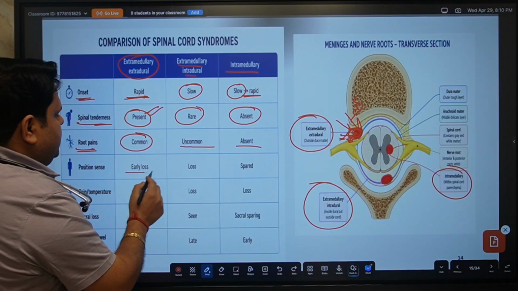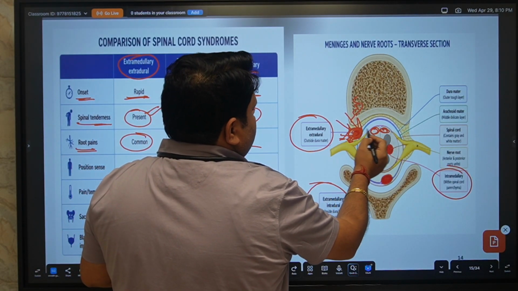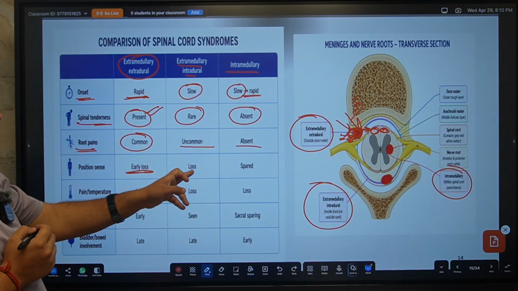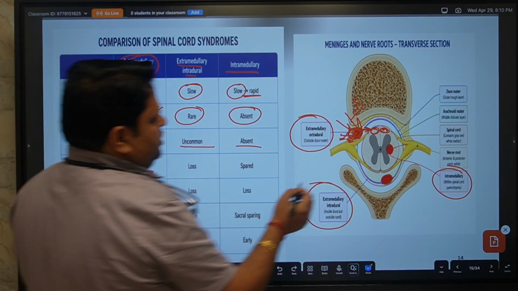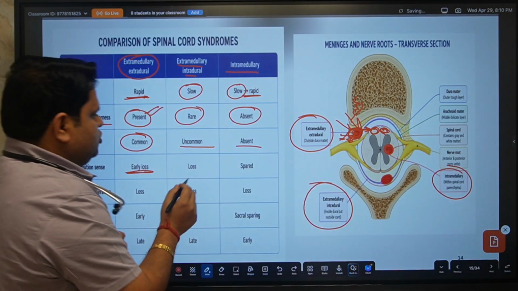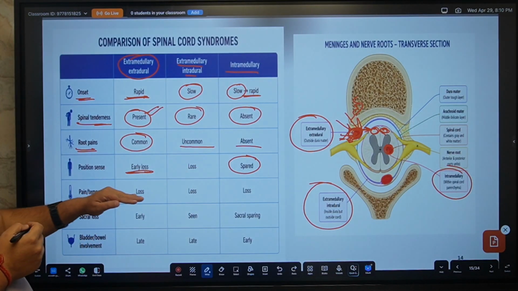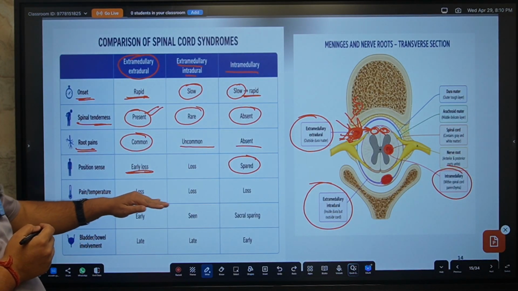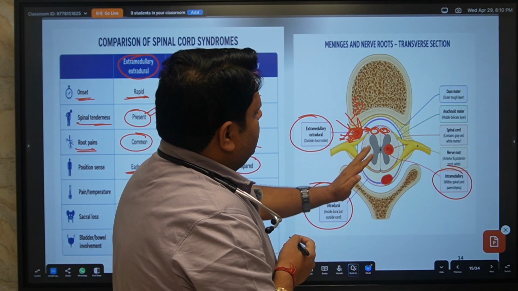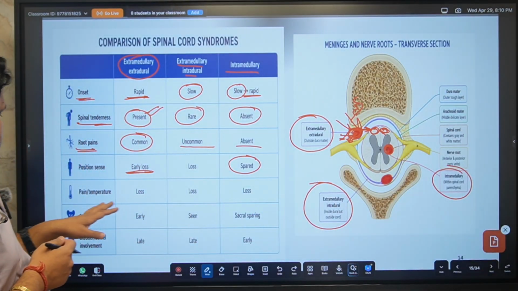Position sense is lost early, because here are the fibers of the posterior column, so involvement is early, but it is spared in the intramedullary lesion. If the lesion is intramedullary, there is sparing of the posterior column. Pain and temperature loss occurs in all types of lesion, because pain and temperature fibers cross the midline from one side to the other, so they may be involved in all types of disorders.